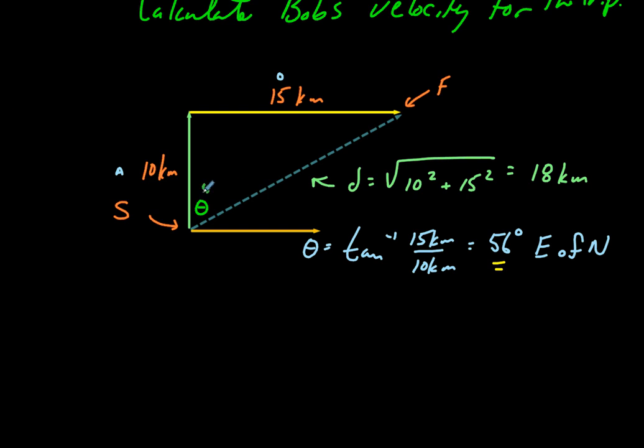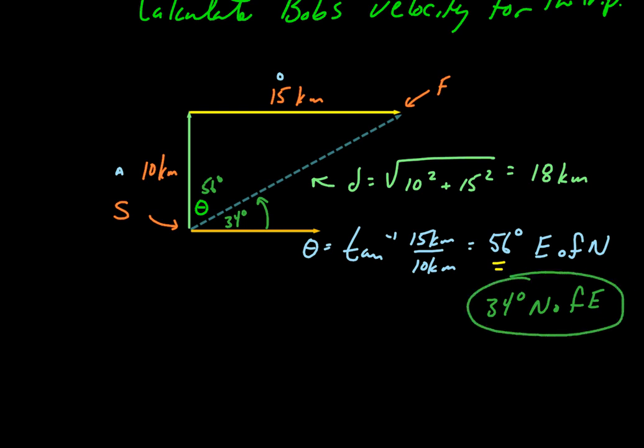So if this is 56 degrees, this should be 34 degrees. So the preferred way to write it would be 34 degrees north of east, because we want to measure from the closest cardinal direction. That's just a rule of thumb. It's not saying 56 is necessarily wrong, but the preferred way is to write it like this.